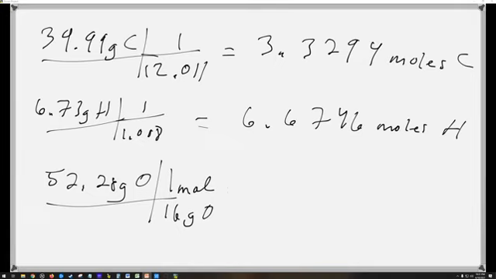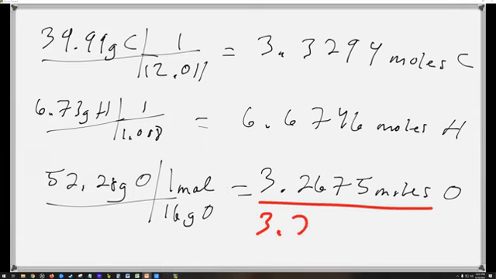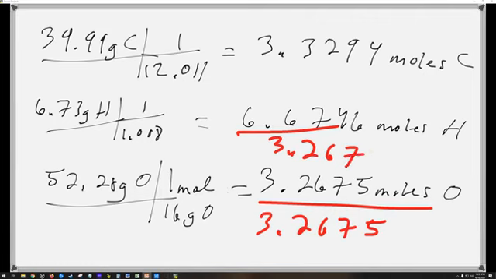So 4 or 5 digits is just fine. 52.28 divided by 16 gives me 3.2675 moles of oxygen. The smallest number here is the 3.2675. We divide all of them by that smallest number.